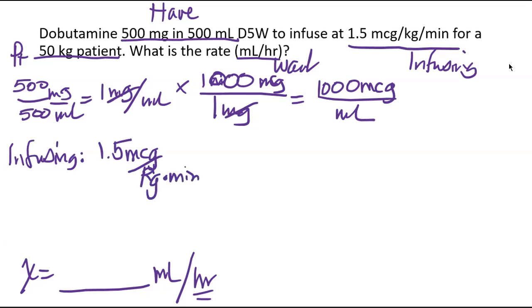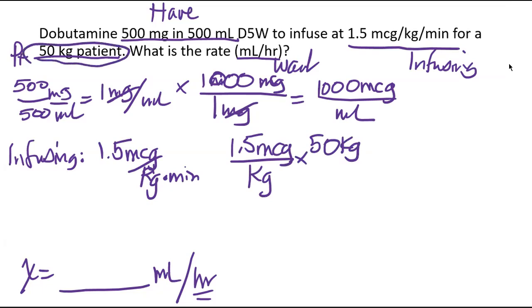So we'll start with 1.5 micrograms per kilogram. We've got 50 kilograms, and remember, that's what the patient weighs. And this is what we have in the bag over here. So then we'll do this as well.